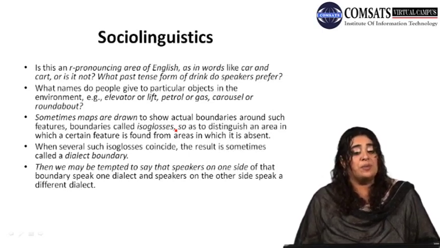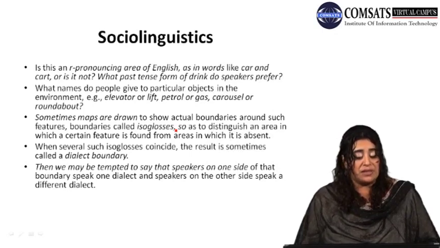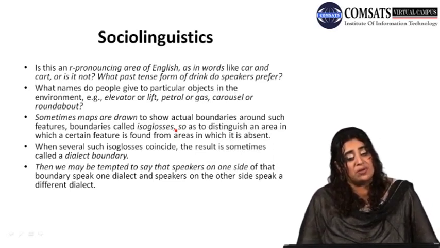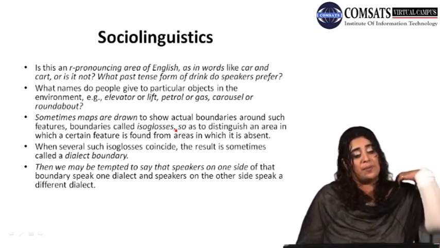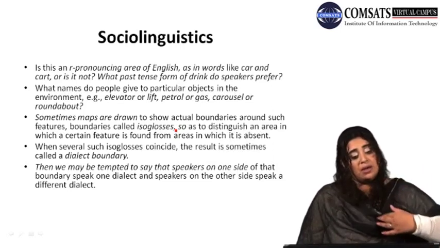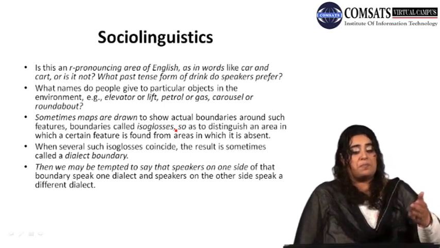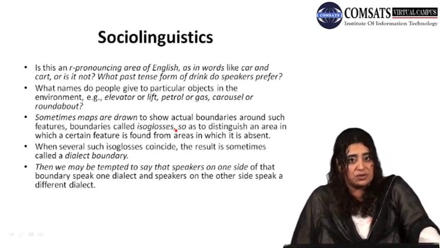Then what names do people give to particular objects in the environment? For example, elevator or lift, petrol or gas, carousel or roundabout. Now sometimes maps are drawn to show actual boundaries around such features.